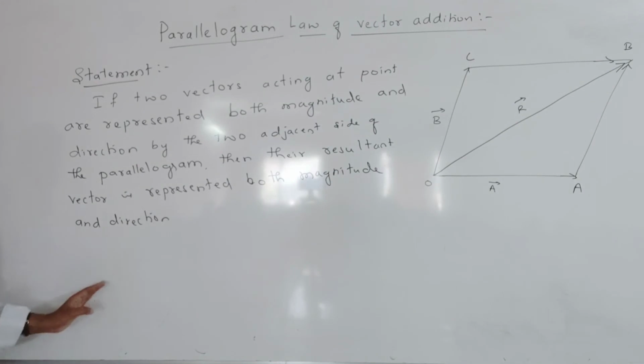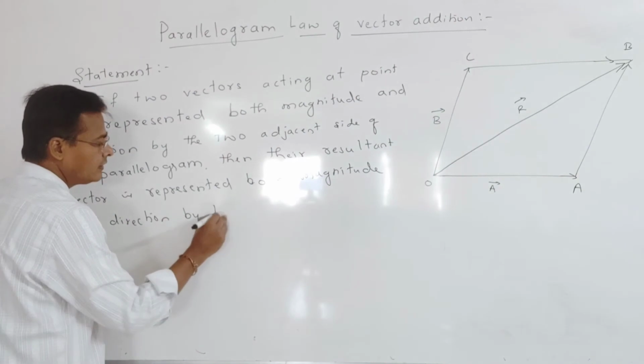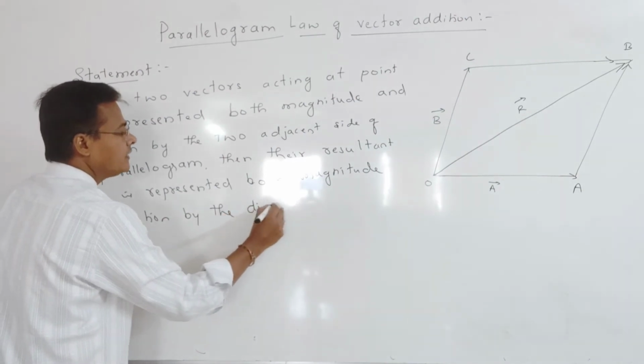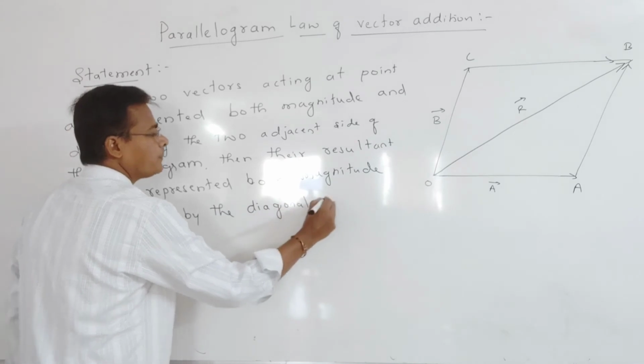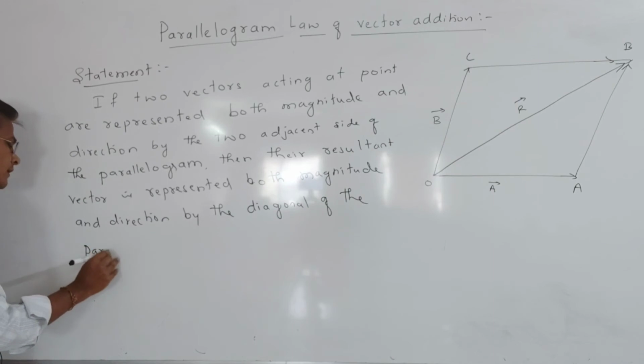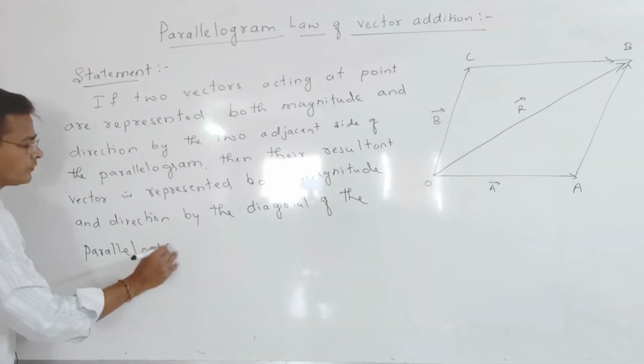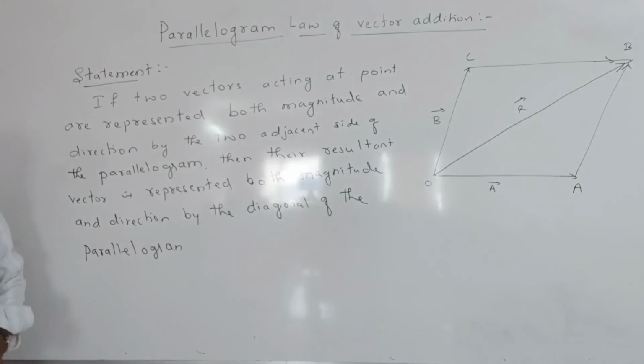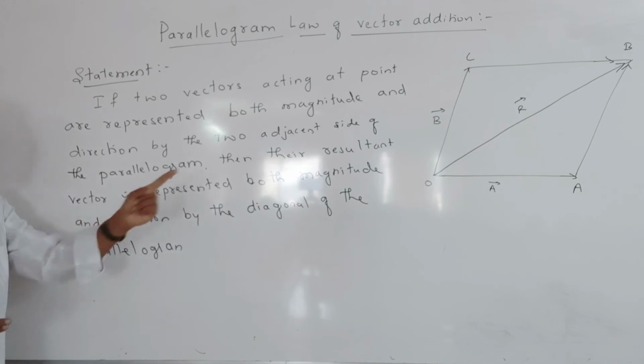So the resultant vector is represented by the diagonal of the parallelogram. Where is it going to be acting?